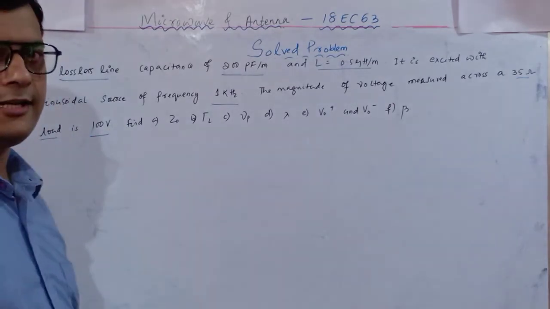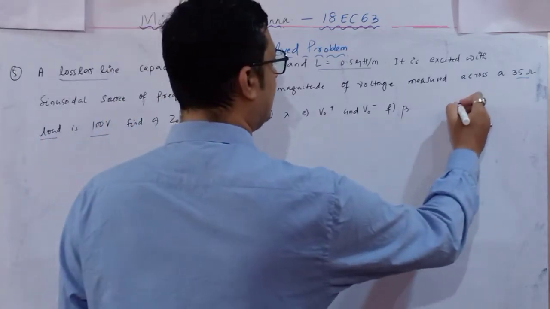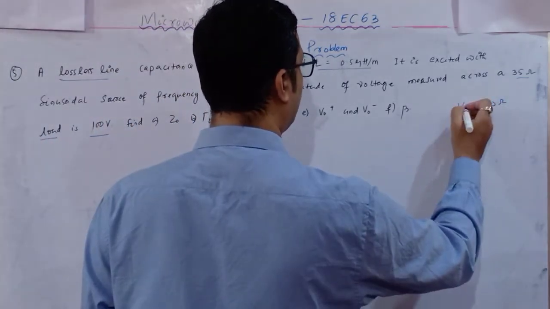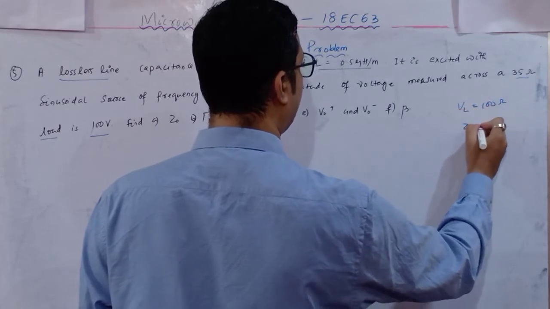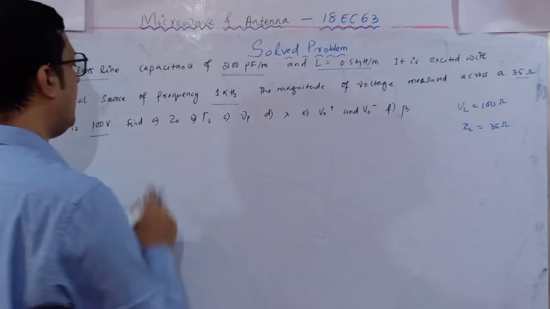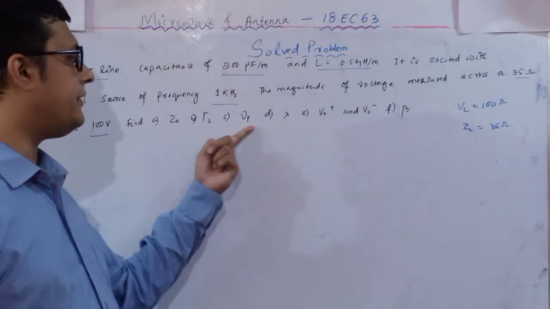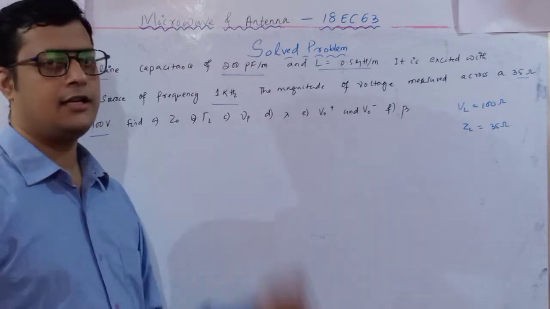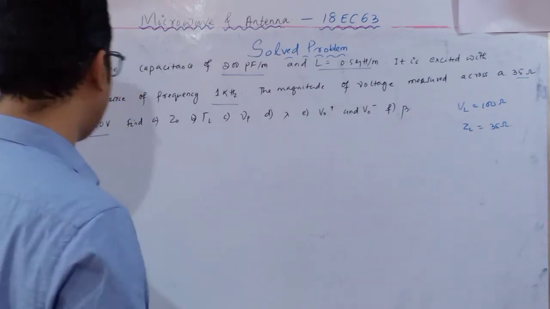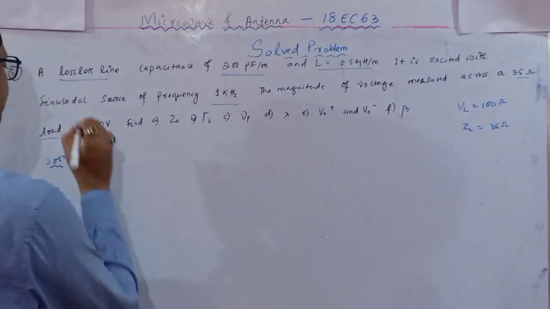That means indirectly it is given as VL, the load potential, because ZL is given as 35 ohm. Here we have to calculate the characteristic impedance, reflection coefficient, phase velocity, wavelength, reflected and incident potential, and the phase constant. So it is a simple one, it is formula based.